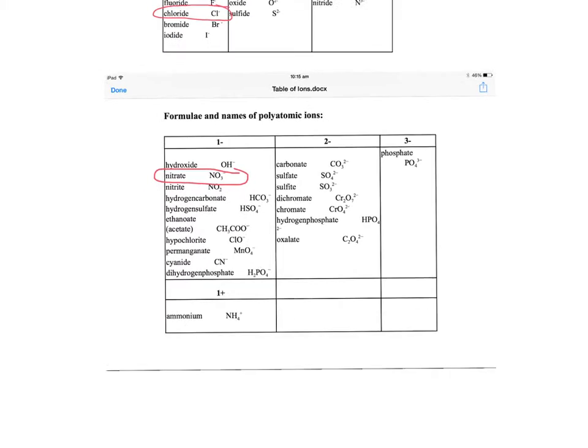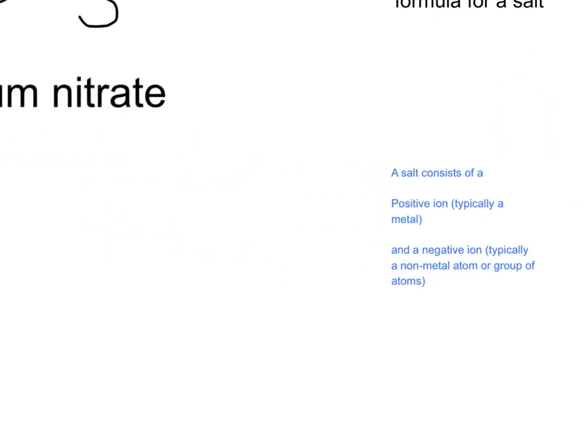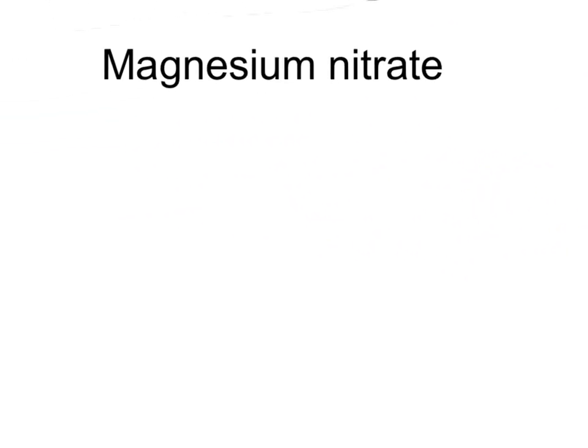Okay, so let's go back over to magnesium nitrate. Magnesium we found was Mg2+, nitrate was NO3-. Now I can do the same thing again.